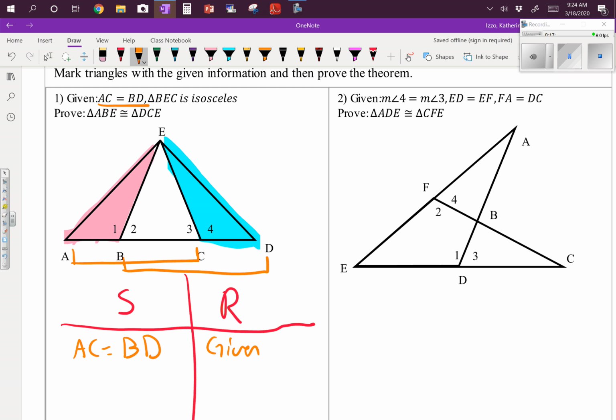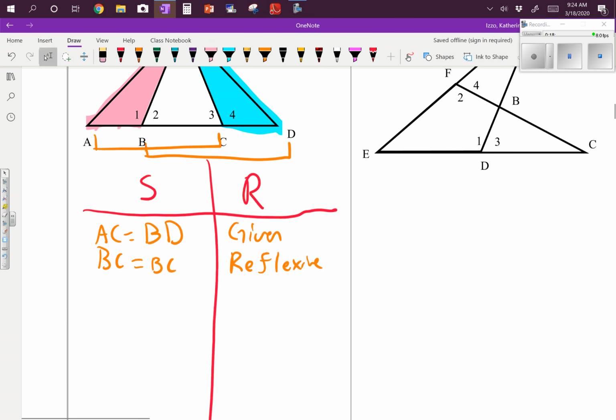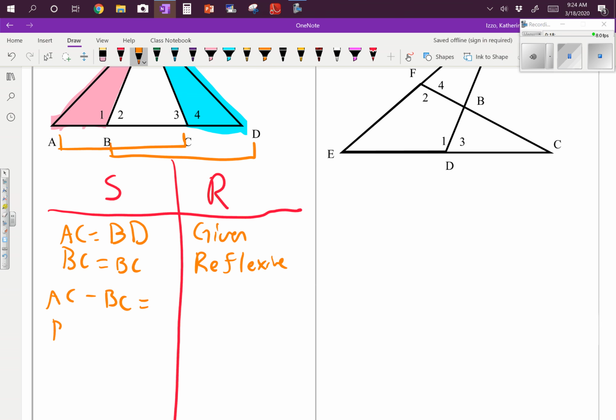So, it's BC in both cases, right? Okay, so what do we call it when it's in both cases? Reflexive. So, BC equals BC by reflexive. And then we can do the subtraction. So AC minus the BC and BD minus the BC. And what do we call that?